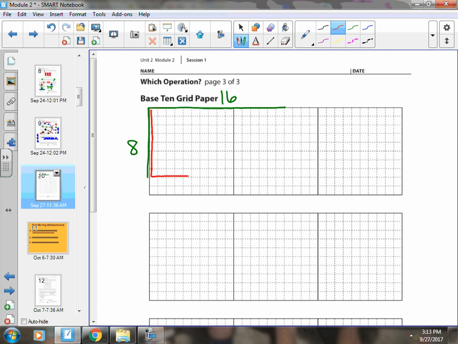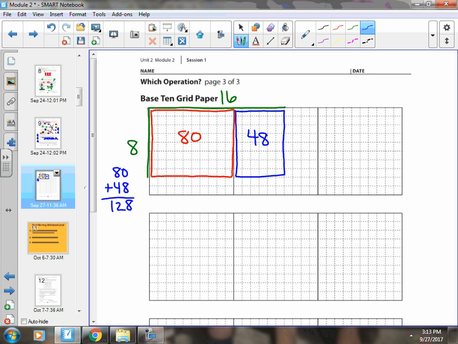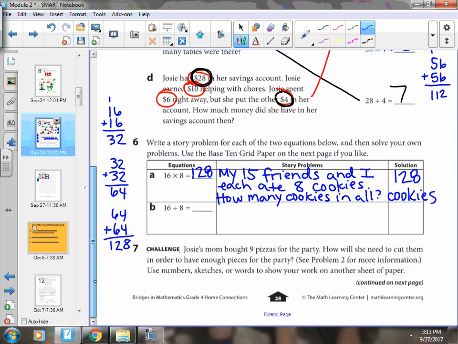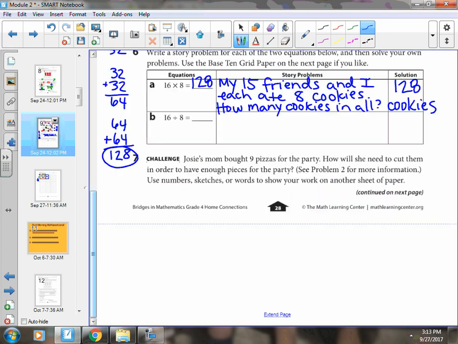You could do 8 times 10 is 80, and 8 times 6 is 48. And if you put the 2 sections together, 80 plus 48, 128. And you see that when I doubled, I also got 128 as my answer.